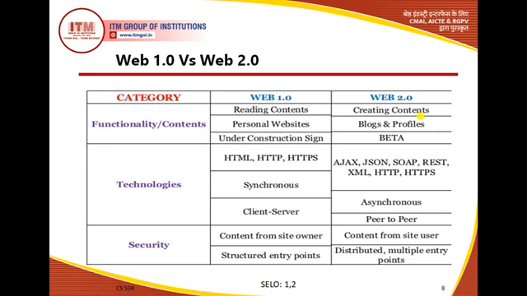In Web 1.0 only personal websites were there, but in Web 2.0 also blogs and profiles, like LinkedIn profiles, were observed, whereas personal websites were there in Web 1.0.